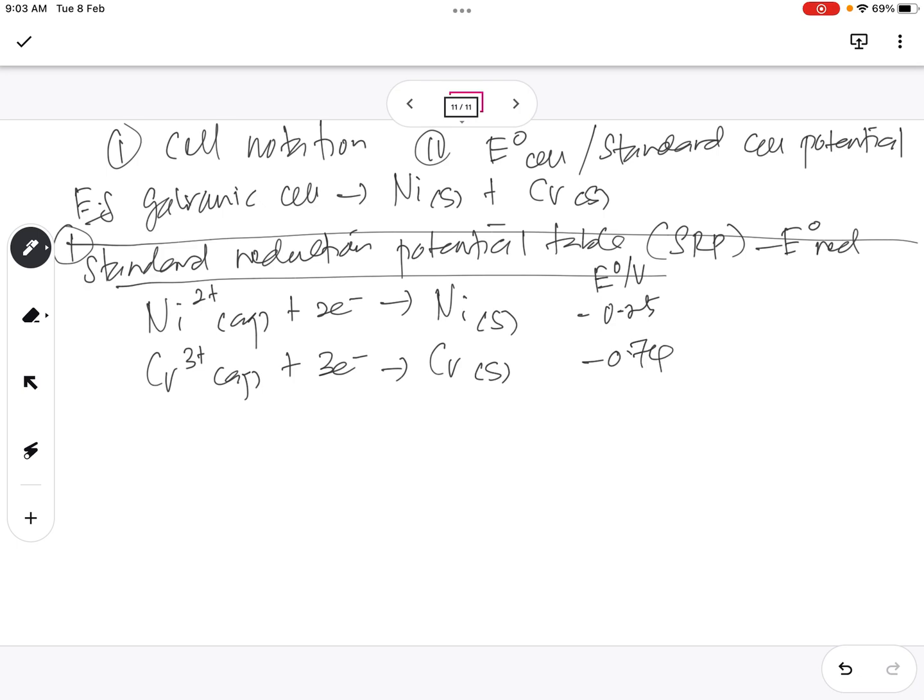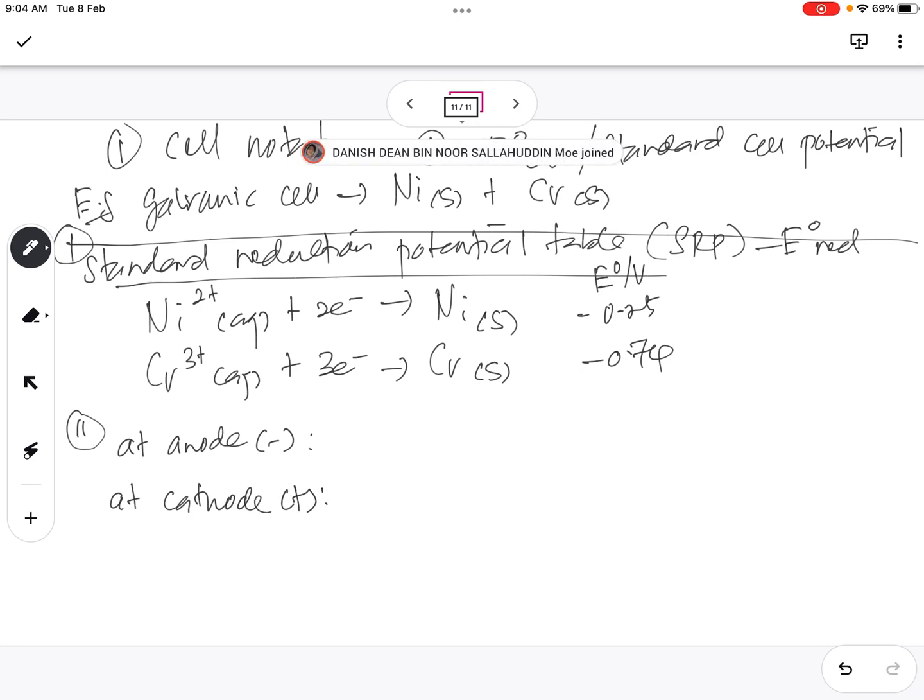So these are the values that we get from the SRP table for the E naught reduction. So based on what we learned yesterday, the second step would be we have to determine who is the anode, the negative terminal, and obviously who is the cathode, the positive terminal. Okay, we have to determine that too.